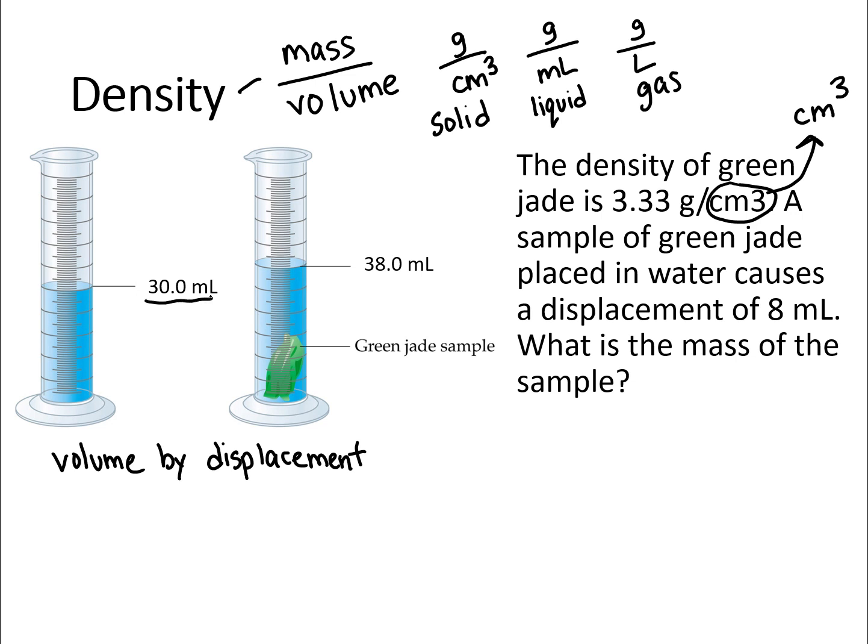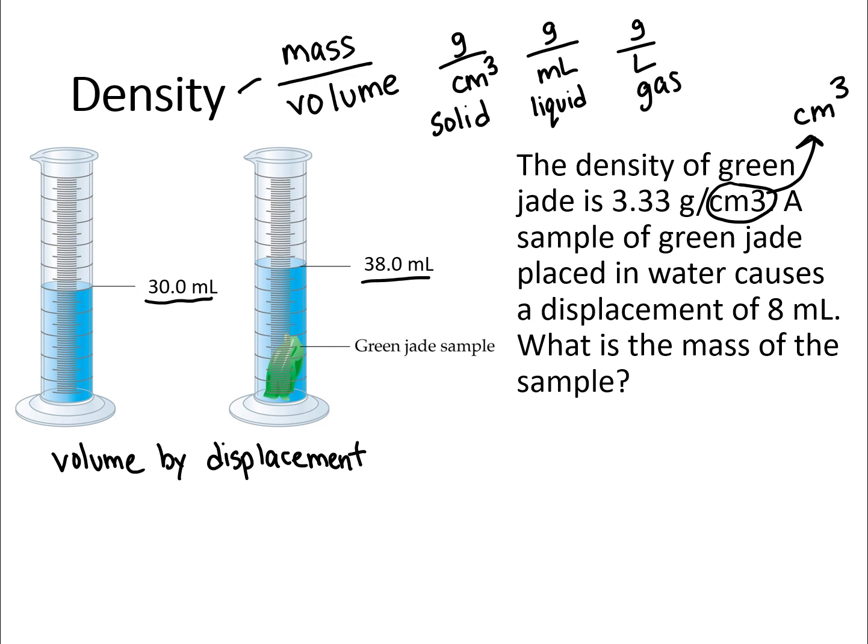Initially, there were 30 milliliters of water in this graduated cylinder. You put your sample in, and now all of a sudden you have 38 milliliters of water. You didn't gain more water, but you put something into the water that displaced it so that now the level is reading higher.